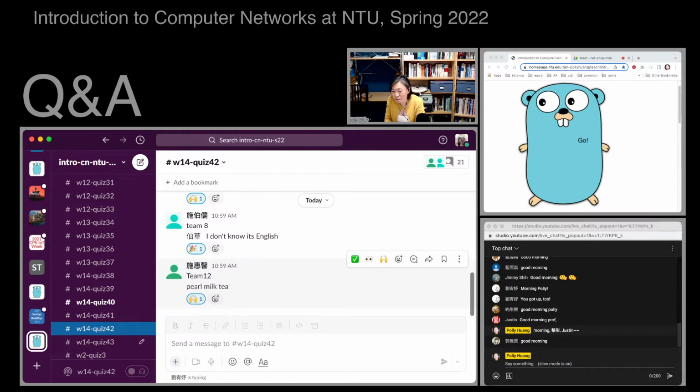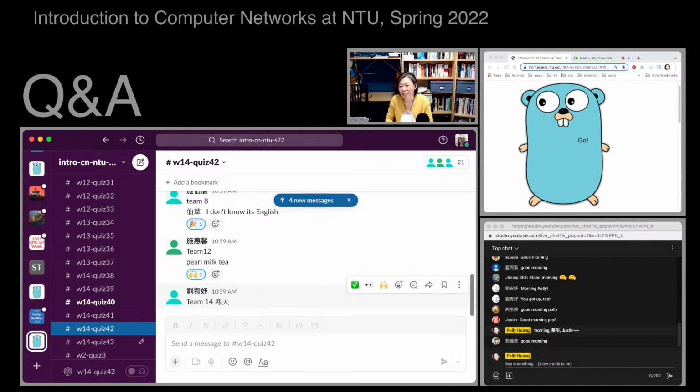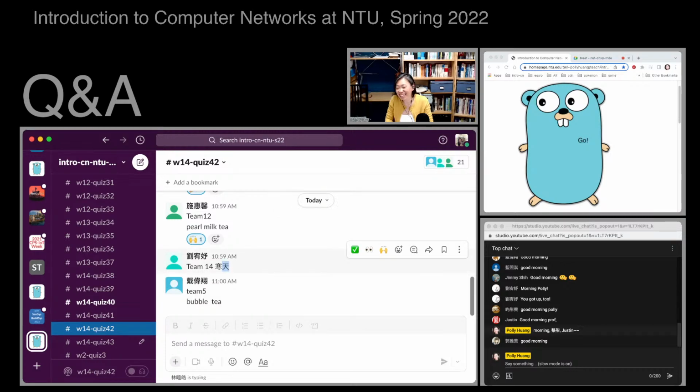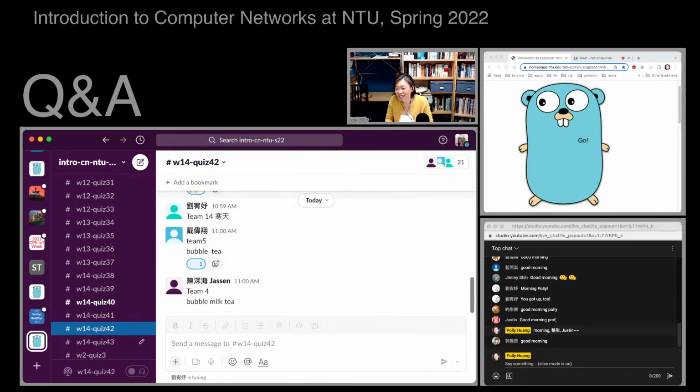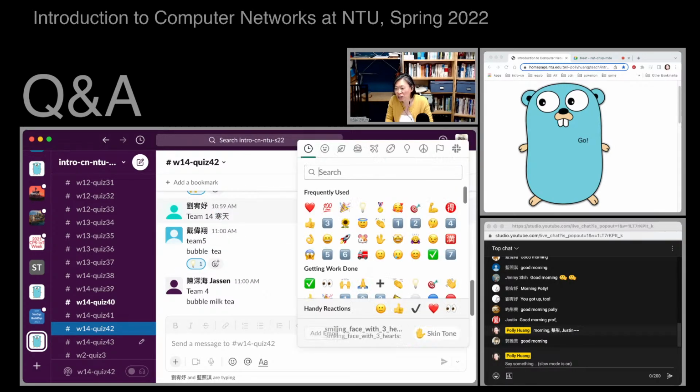Team 12. Oh, okay. So this is something that I don't know how to translate either. I think it's a Japanese thing, right? It's also chewy to some degree. Bubble tea? Yeah, there you go. Hantian, I think that's a cool idea.